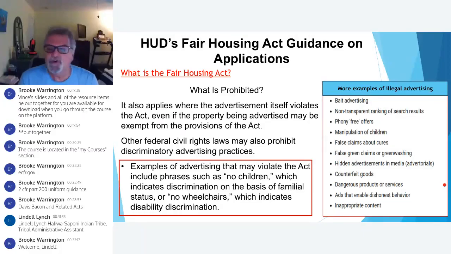So my screenshot over there talks about some of the false claims and other things, hidden advertisements and other counterfeit things, dangerous products and services that you might think are legitimate. And even if they're not dangerous, there's still an unknown manipulative cause here with AI that we just need to be aware of and sensitive to.